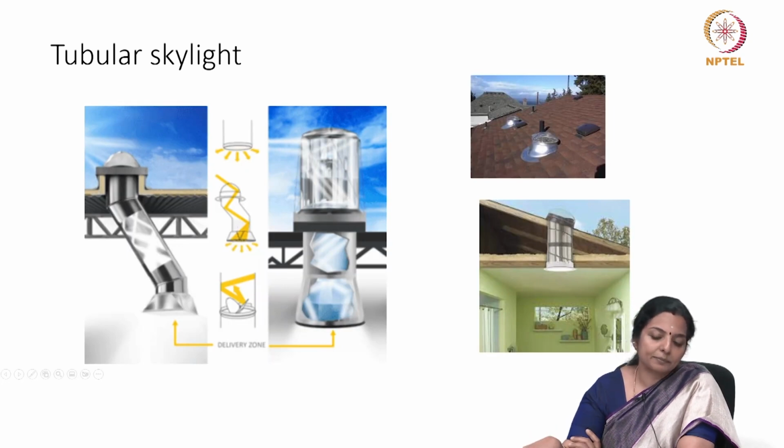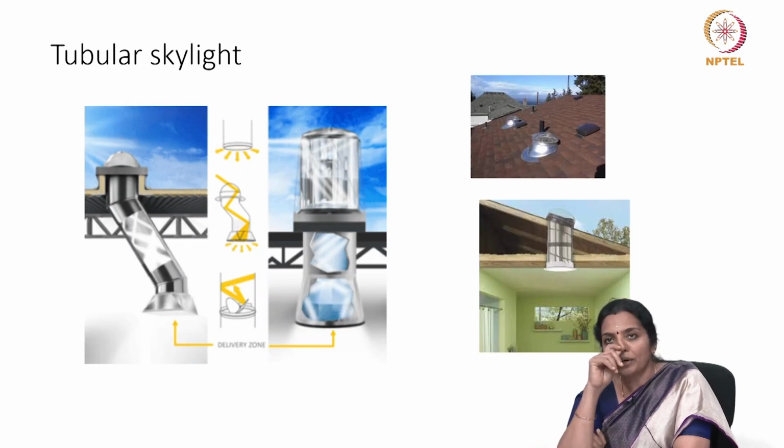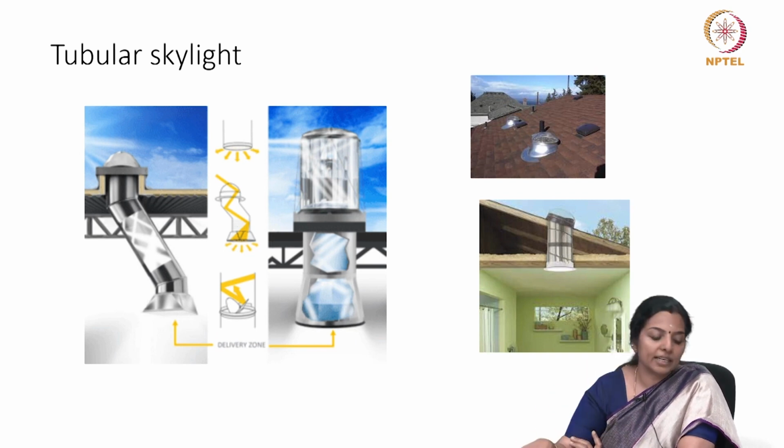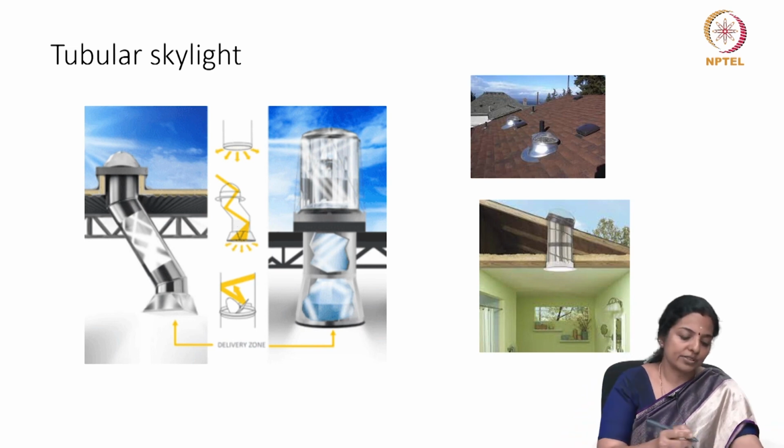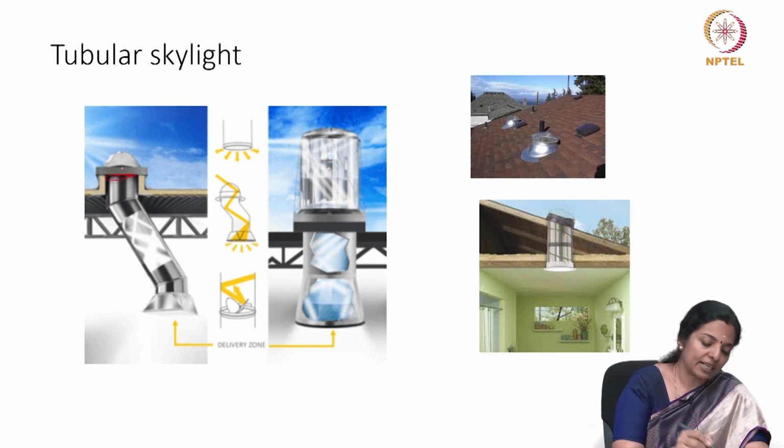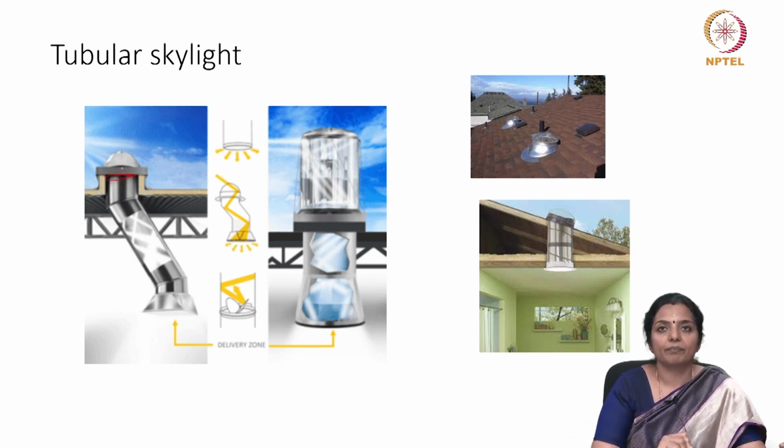Tubular skylights. If you don't have much space in your ceiling to install a fixed or ventilated skylight, we can get the daylight to illuminate the home using tubular skylights. These skylights are in the shape of a small tube which is about 10 to 15 inches in diameter.